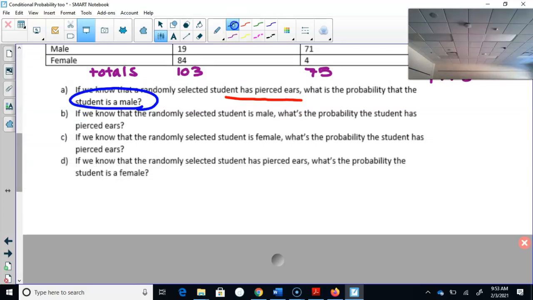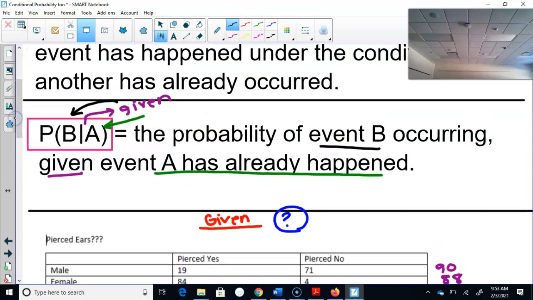In part A then, I am going to write it using this notation up here. The probability of B, well, that is our question, and then A, again, is our given. That's what's given to us. This line is, we say, the probability of B happening given, and then this is the context of the given.